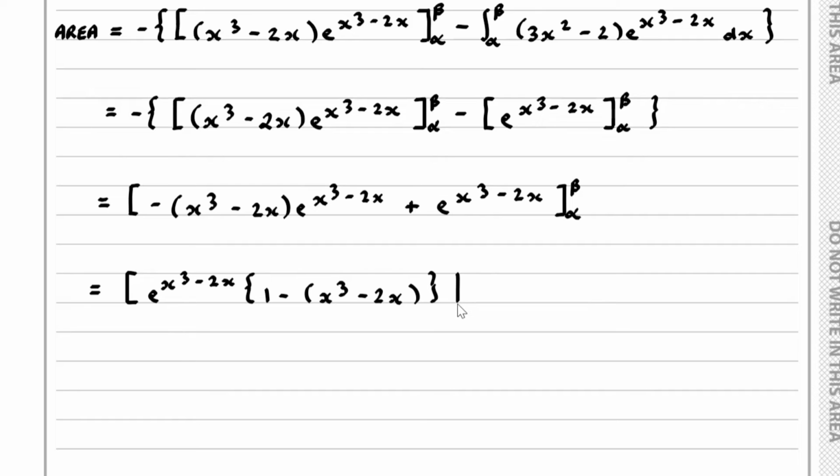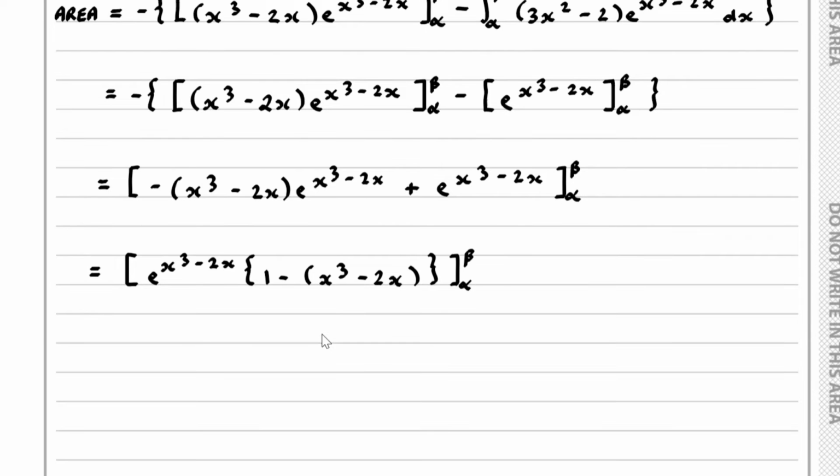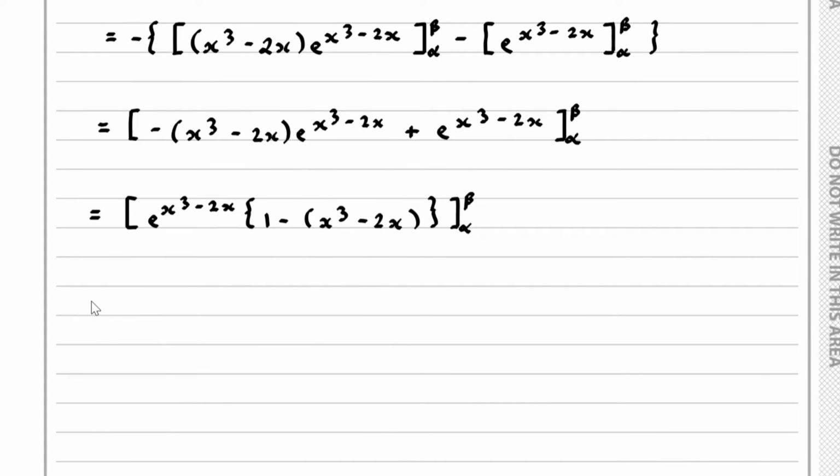And this is going to be evaluated between alpha and beta. So simplifying even further, we have e to the x cubed minus 2x, and then here we've got 1 minus x cubed plus 2x, and then close this bracket. We're evaluating this between alpha and beta.